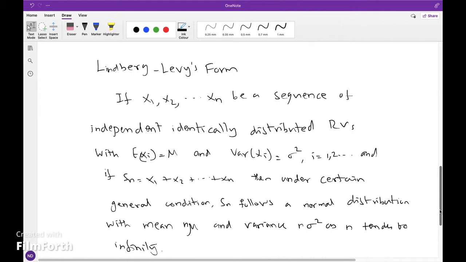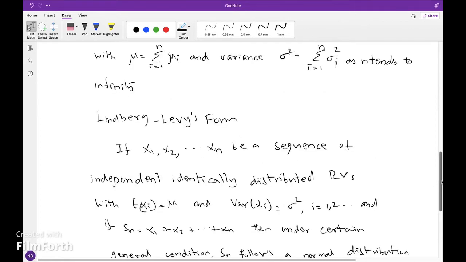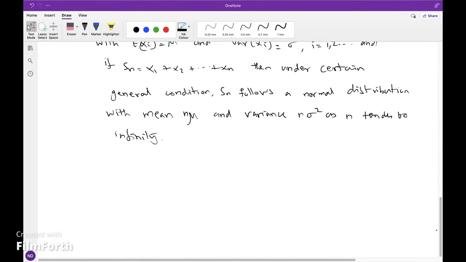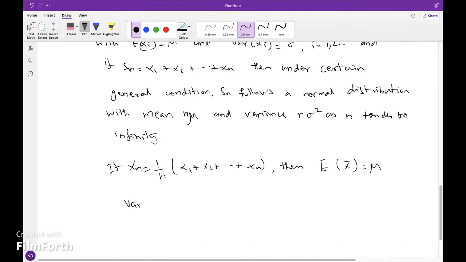Here, if X bar equals 1 by n into X1 plus X2 plus etc. plus Xn, then E of X bar is equal to mu and variance of X bar is equal to 1 by n squared into n sigma squared, that is equal to sigma squared by n.